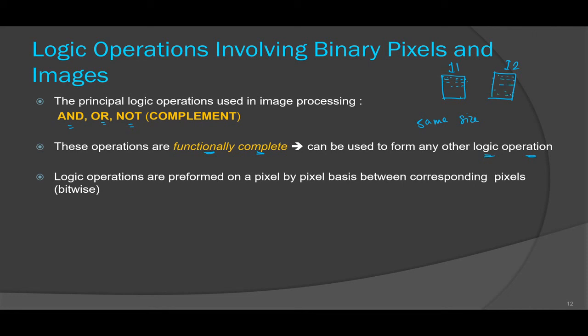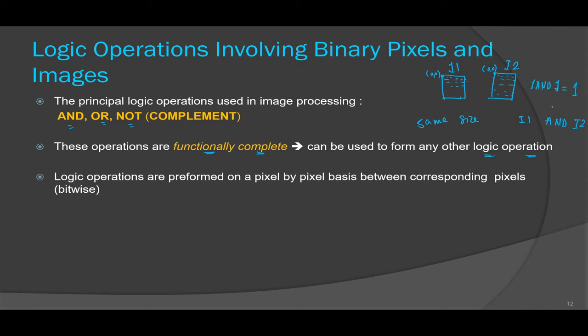So if I'm performing an operation like I1 AND I2, then what will happen? This operation would be performed pixel by pixel. So this is suppose the 0, 0 pixel and this is also the 0, 0 pixel. If this 0, 0 is 1 and this 0, 0 is also 1, then 1 AND 1 will give me 1.